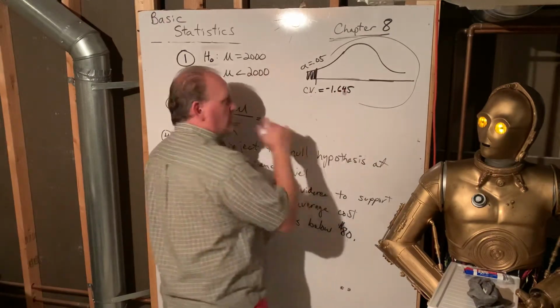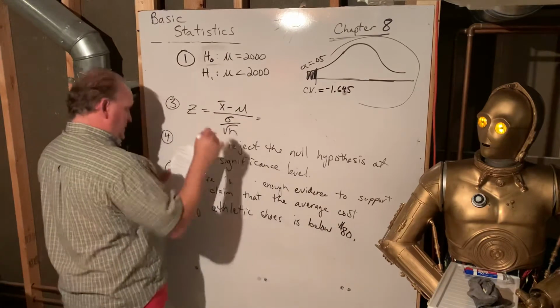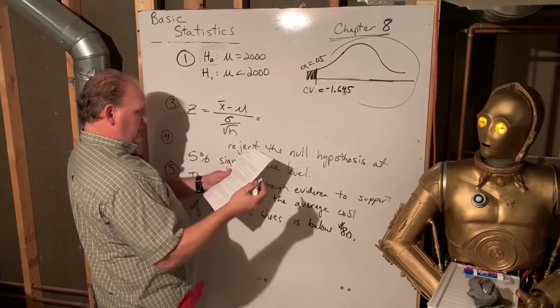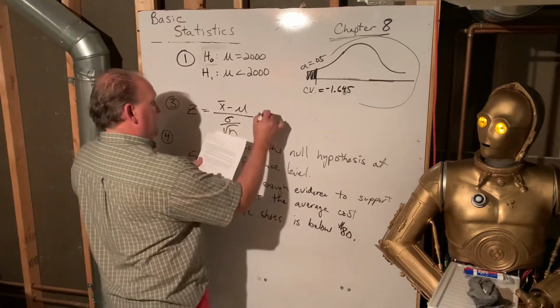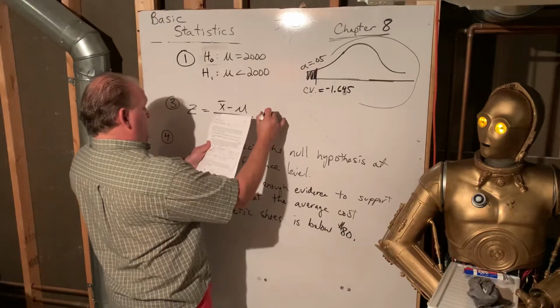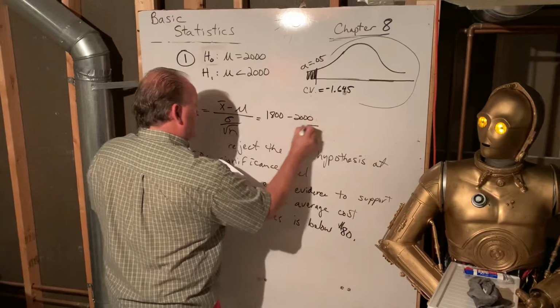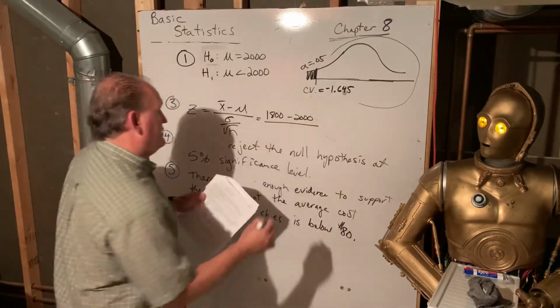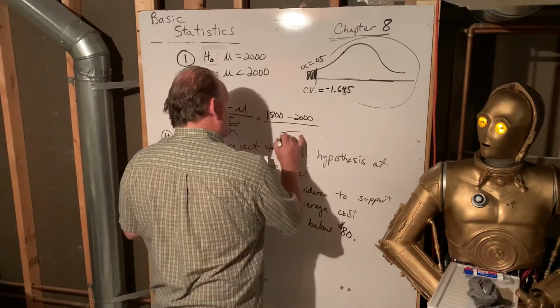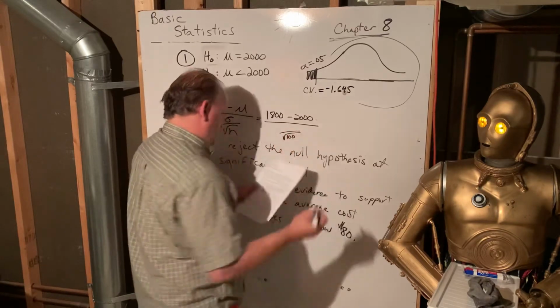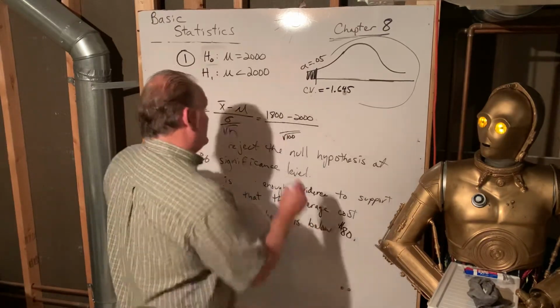That was looked up on the chart. This time we're going to put in our Z value here. What do we got? We got 1,800 minus 2,000 over, it was 100 students and 500.